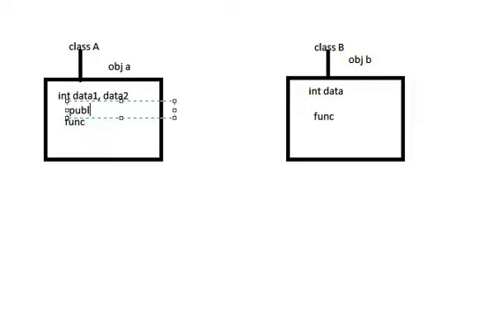This function is public, this comes in public access. Now this function has the right to refer to this protected or private data. This function has the right that it can access this data.